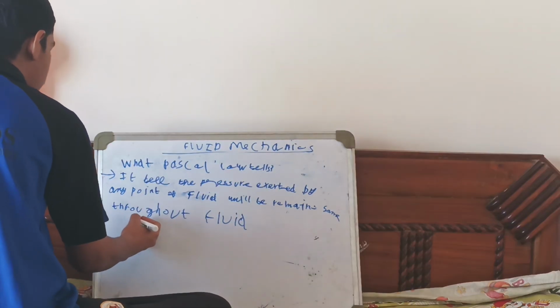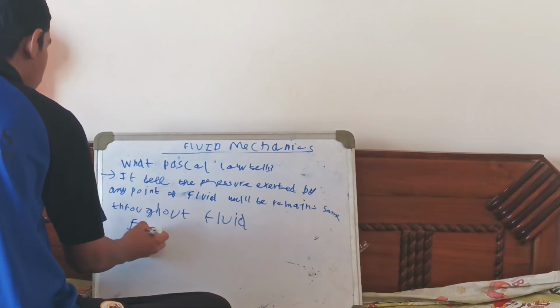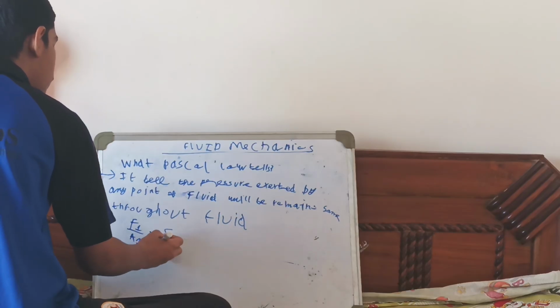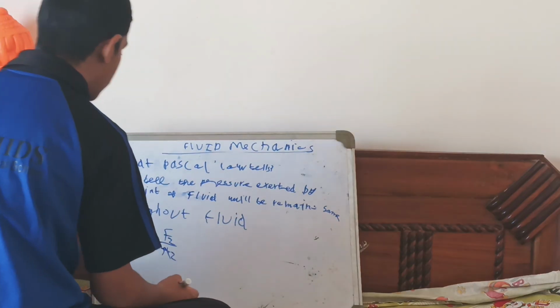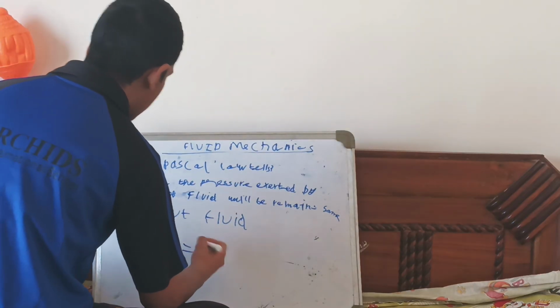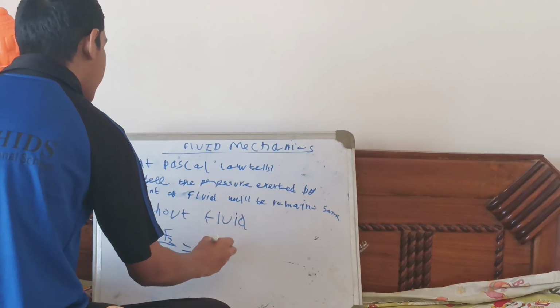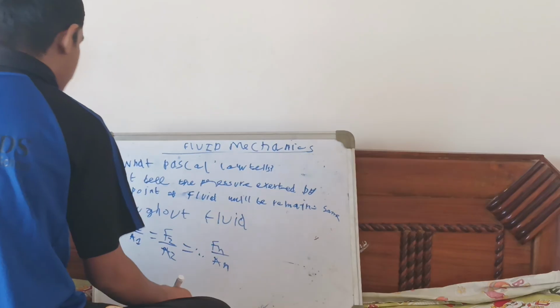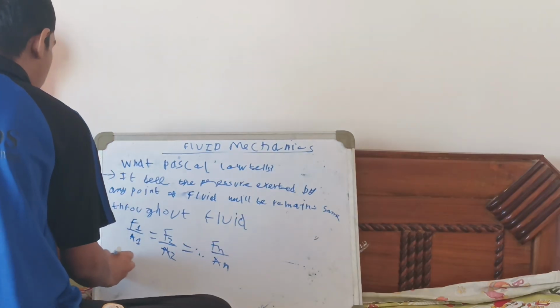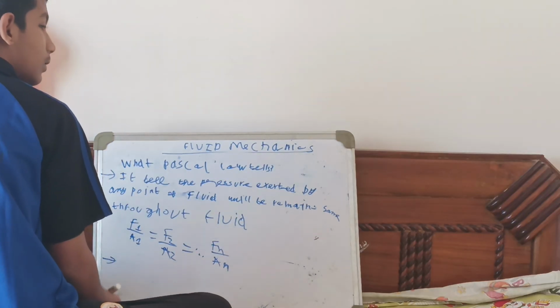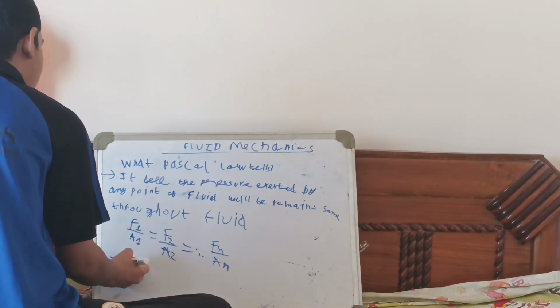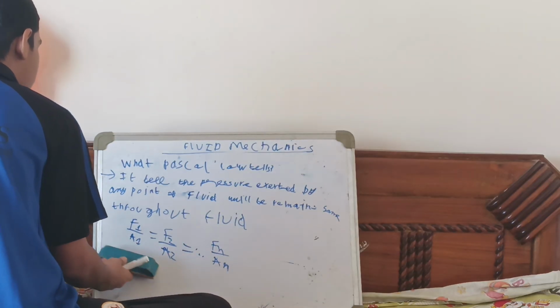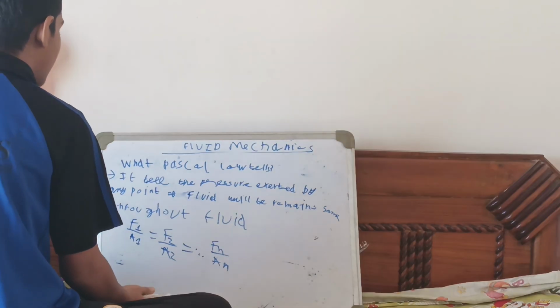Its equation will be F1 by A1 equal to F2 by A2, or it can go up to Fn by An. And it is used in the hydraulic press.